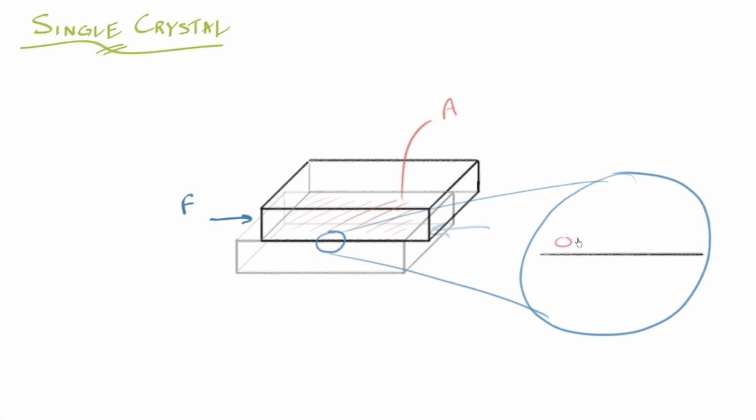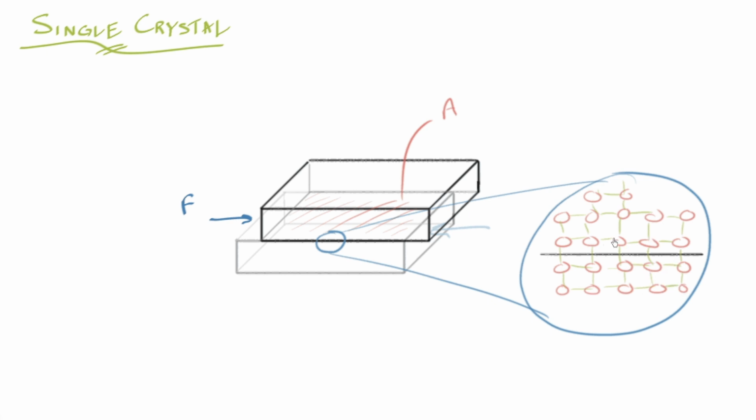So a single crystal is going to have some highly organized lattice of atoms. Don't get too hung up on exactly how they're organized here at this point. This is the type of thing I'm talking about. I don't need to draw them all in necessarily, but there's some kind of a lattice of atoms. To help make that a little bit more clear, I will draw in sort of the nearest neighbor, or the bonds between atoms, if you will, and we'll explore this in more detail later. But what's important is what I'm just drawing in there. There's some bonds that span across that area, that cross section.